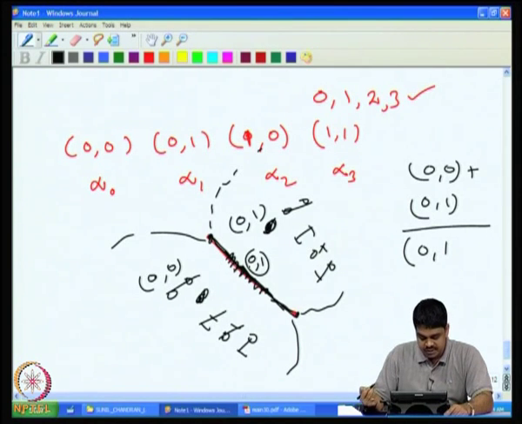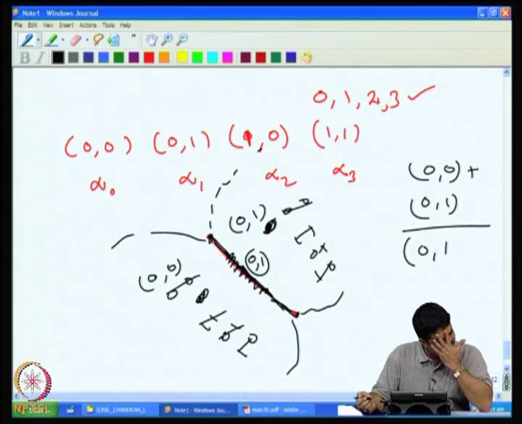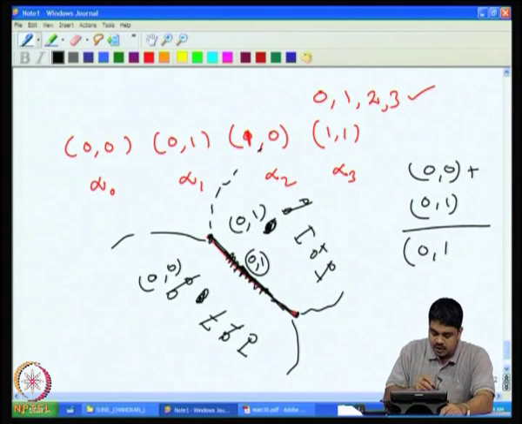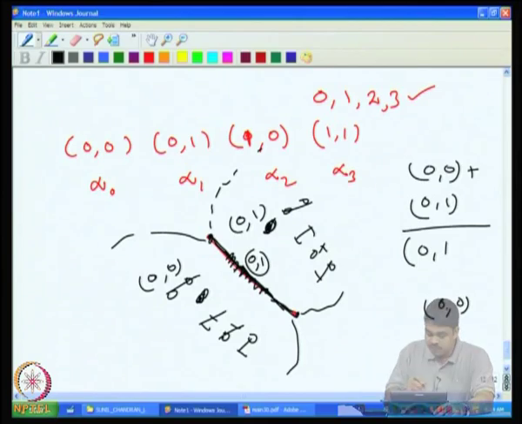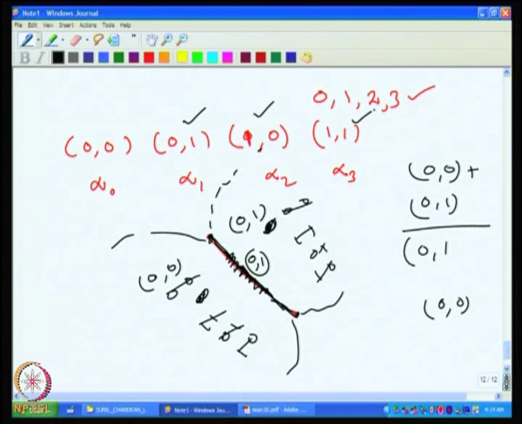There are two questions which come now. Is it possible that we may get more than 3 colors if we do this? The first point to note is that we will get only 3 colors, though there are 4 colors here. When any pair of them are added, as long as they are different, we will never get 0 0 as an answer. So, we will end up with either this or this, and we will get only 3 colors on the edges.